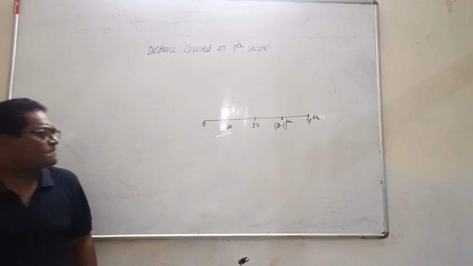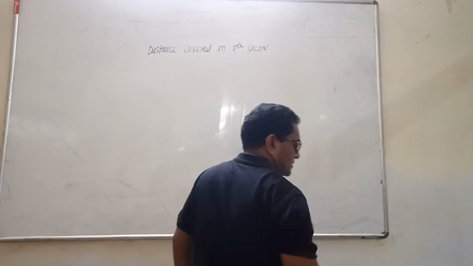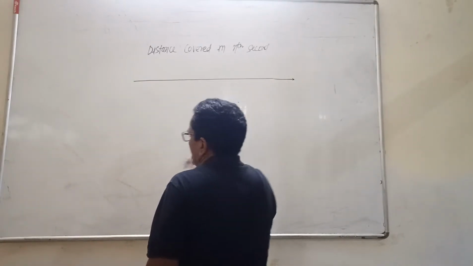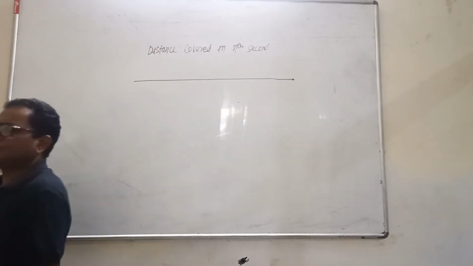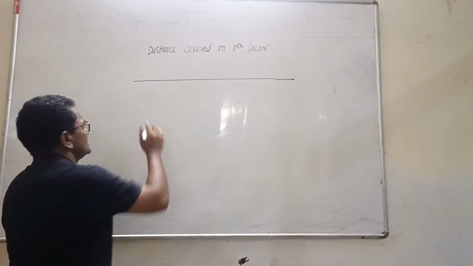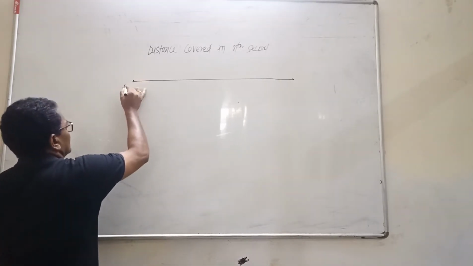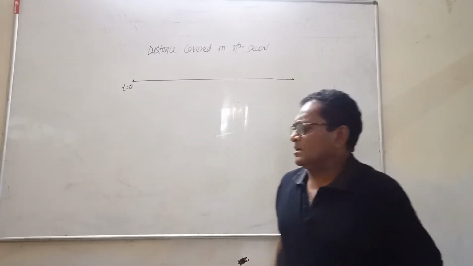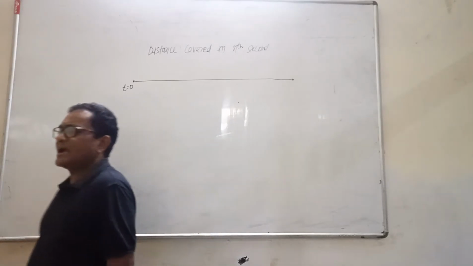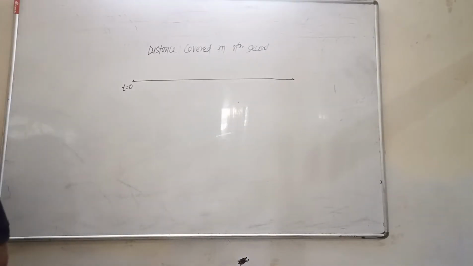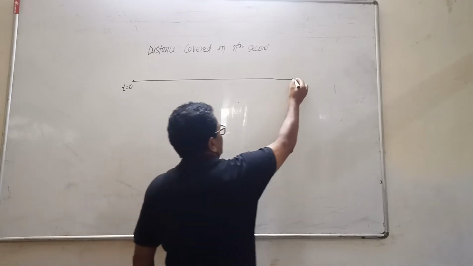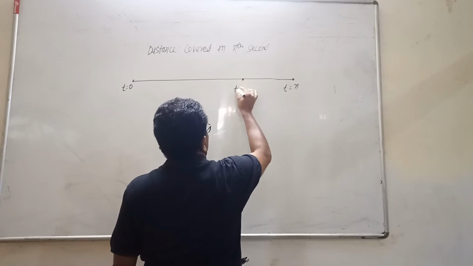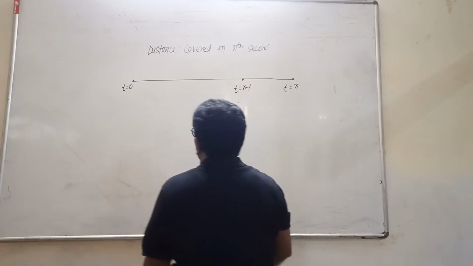So suppose at time t equals 0, this is the origin, and there are two times. This is time t equals n, and this is time t equals n minus 1.